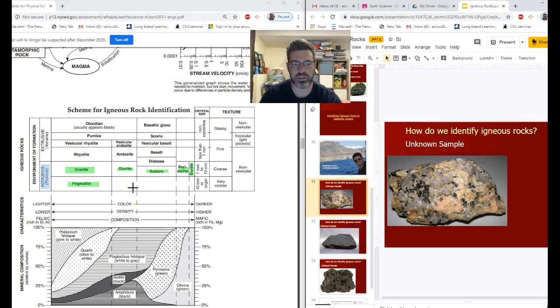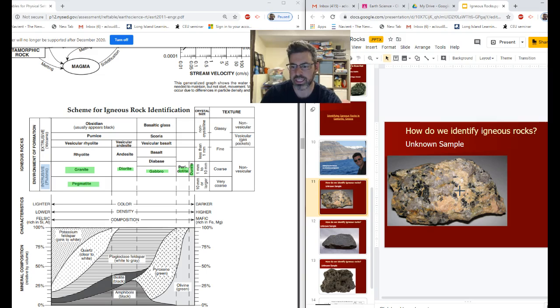So how do you narrow down your choices? Well, you're going to have to make your way over to the left side or the right side of this chart. How the scheme works is that if your rock sample is lighter in color, you're going to stick with the left side. If it's darker in color, you're going to stick with the right side. If we look back at this sample, this is lighter in color. It's not fully dark.